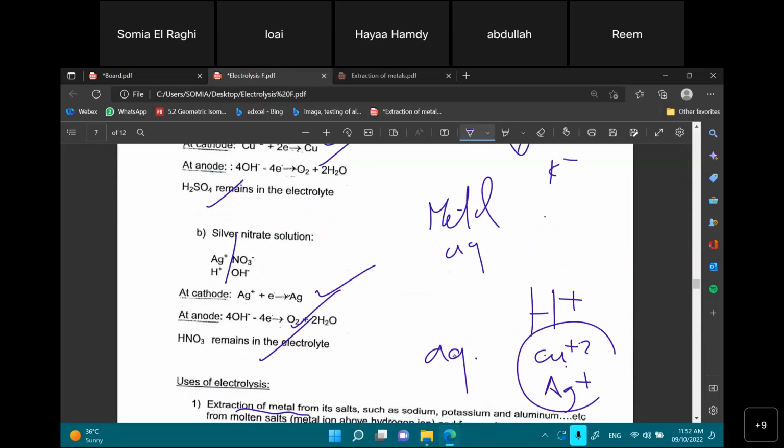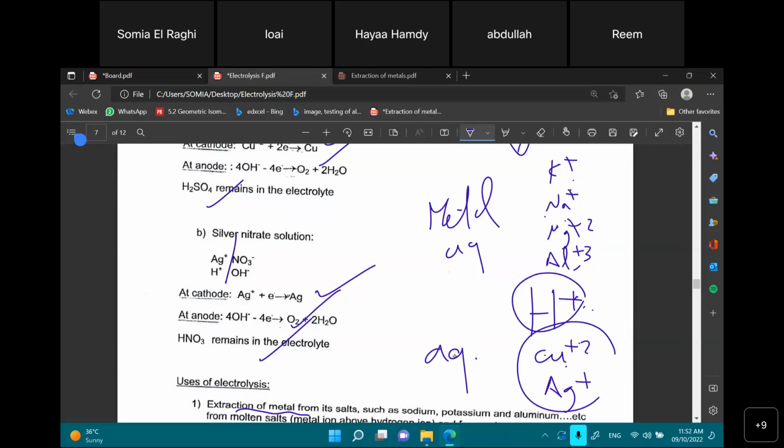If you have potassium ion, sodium ion, magnesium ion, aluminum ion, we never get metal from aqueous above hydrogen. The reason: hydrogen will go first. If you compare which particle will go, we always check its location in the electrochemistry series.